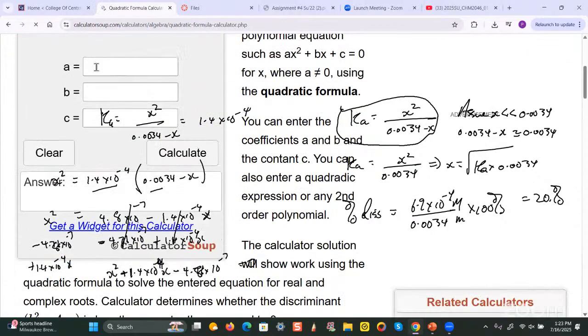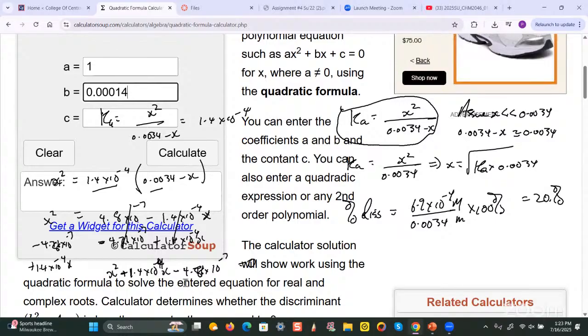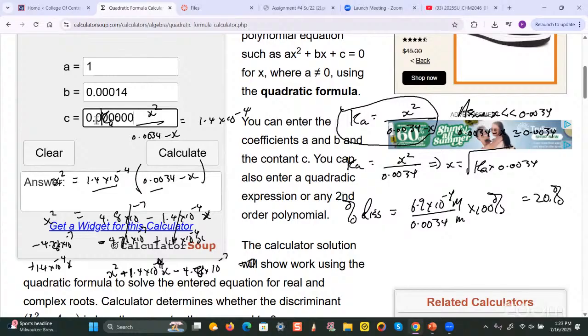Now the A value is 1. All right, the B value is 1.4 times 10 to the minus 4. So that's the same thing as 0.00014. And then for the C value, that would be 4.8 times 10 to the minus 7. So that's 0.1, 2, 3, 4, 5, 6 zeros, then 4, 8.